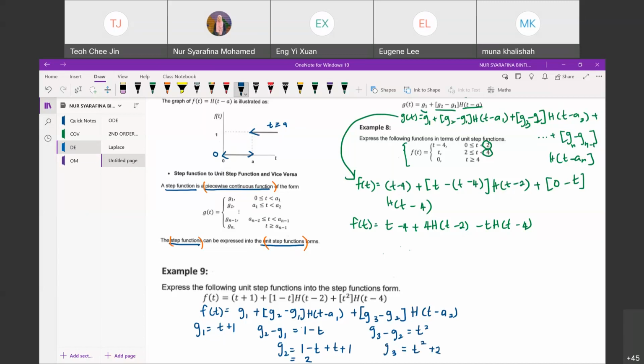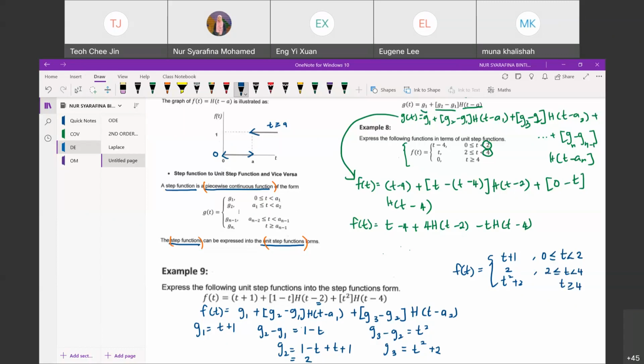So just substitute to the step function, where you will have g1, t plus 1, g2, 2, g3, t squared plus 2. And then this one starts with a1 is 2, so 0 to 2, and a2 is 4, so 2 to 4.